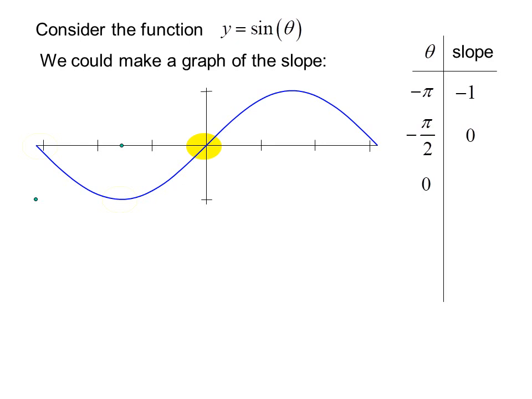When theta equals 0, the slope is 1. At pi over 2, the slope is 0. And at pi, the slope is negative 1.